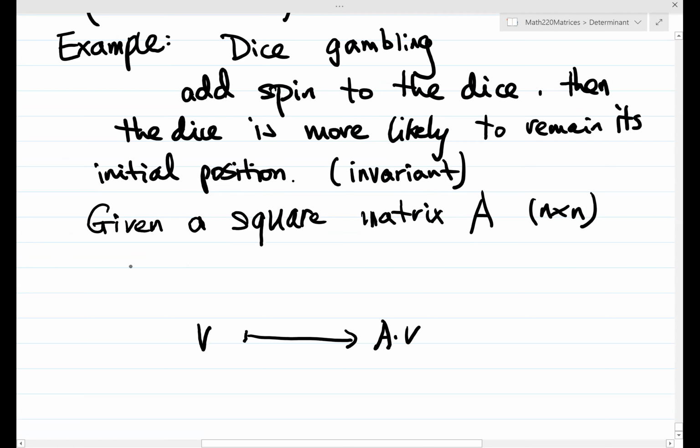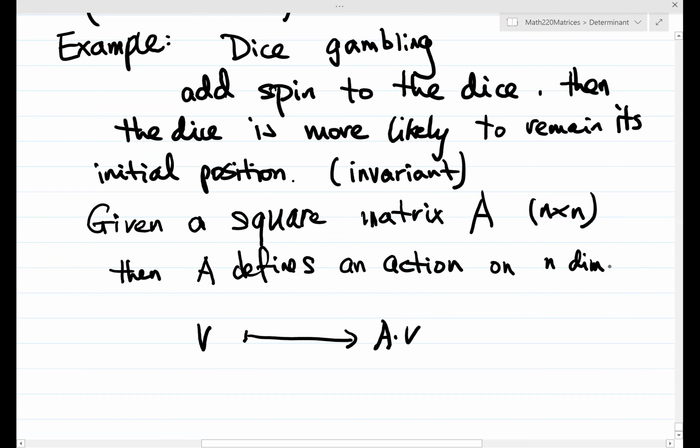We call it an action. A defines an action on n-dimensional vectors, i.e. you plug in an n-dimensional column vector V, and under this rule we output A times the vector V.